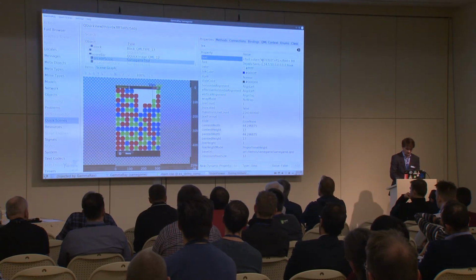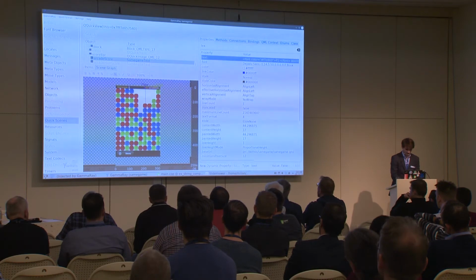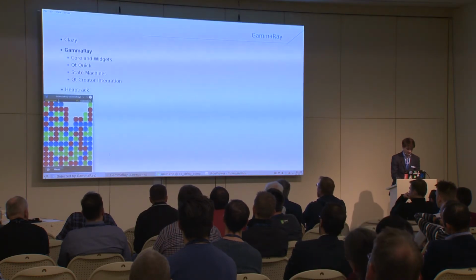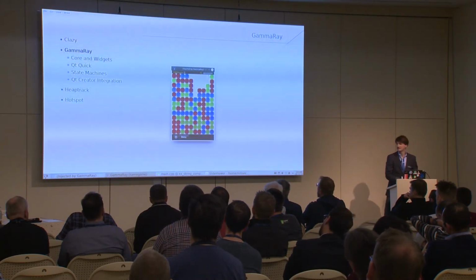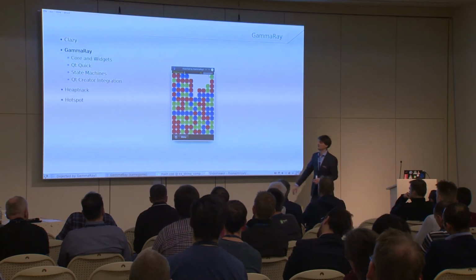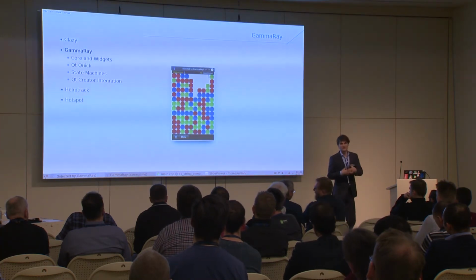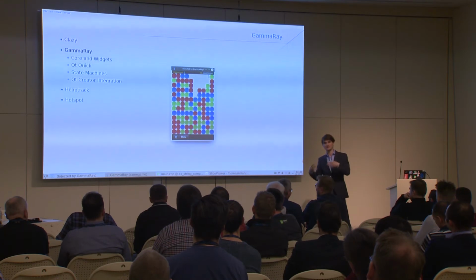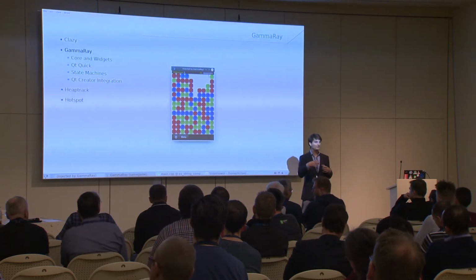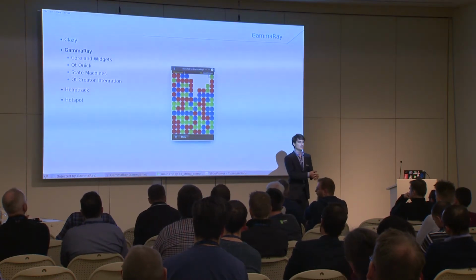This is my current score, by the way, so I'm cheating. And as you can see here on the right-hand side, I now suddenly have a score of 8 million or so. Well, the point is, of course, not to cheat, but to change properties at runtime to see how they influence the behavior of your application.